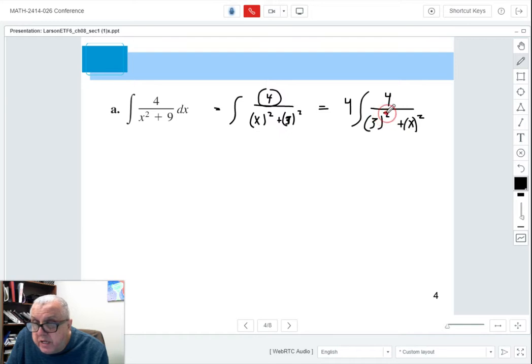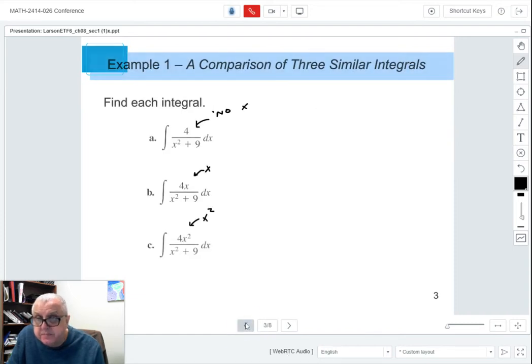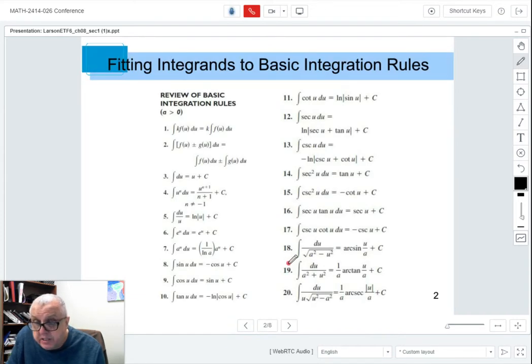So if we now have it in this form, let's go to our basic integration rules again and look at number 19. 18 has the radical symbol and so does 20, but 19 doesn't. It has an a squared and a u squared with a plus sign between them and du above it.